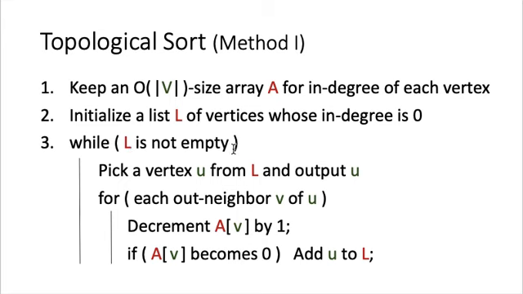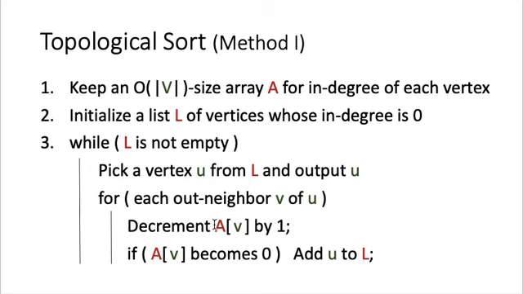If L is not empty, then we will pick any vertex U from L and then output U. Now by the time that we have output U, we will remove U from the consideration in the future, and also we will remove all the outgoing edges from U. To reflect this update, for each out neighbor V of U, so if there is an edge from U to V directly, V is an out neighbor, the time that we remove U will have the effect that we make the in degree of V 1 smaller.